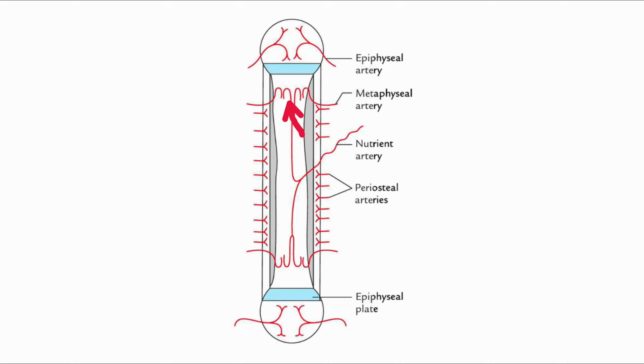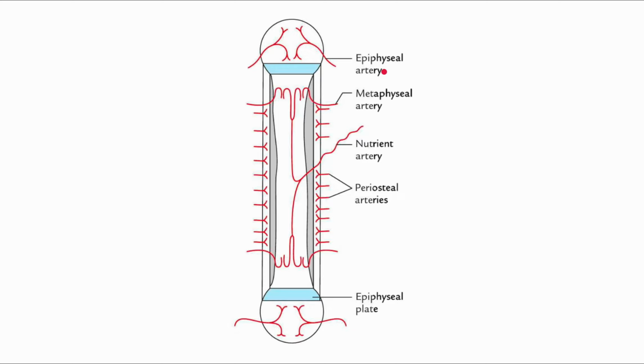We can see the parallel vessels over here, and they enter into the region of metaphysis, and after that they form hairpin shaped loops, and these loops anastomose with the arteries present over this region.